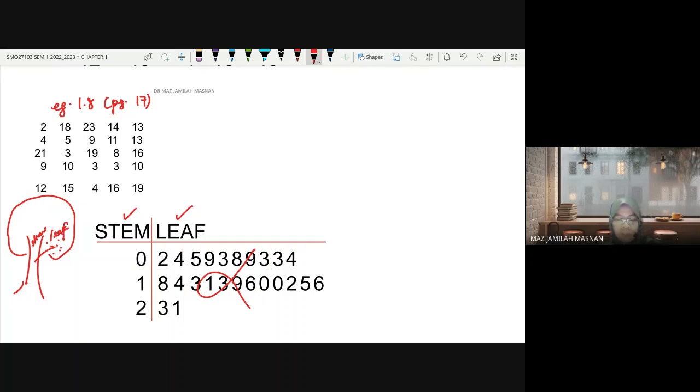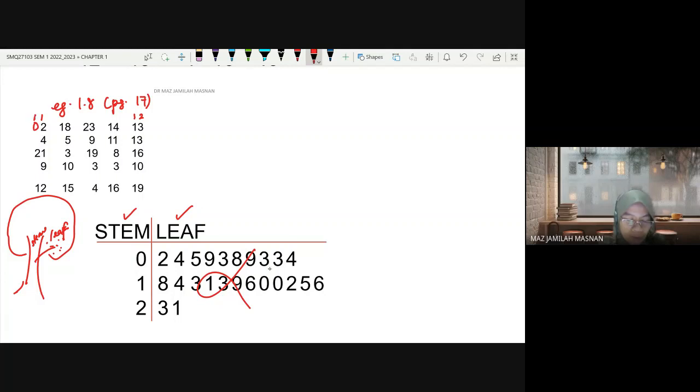Now, how do we plot our stem and leaf? In our case now we have two digits. The maximum is two numbers, which means I have a first and a second. And I have only the first here. Actually, it's two, you can imagine it as 02.